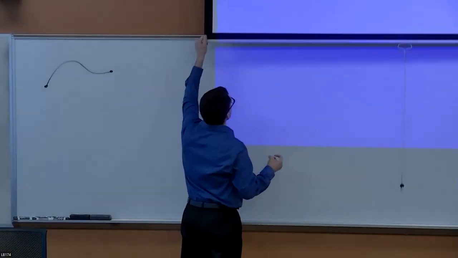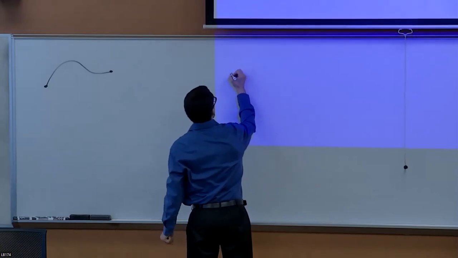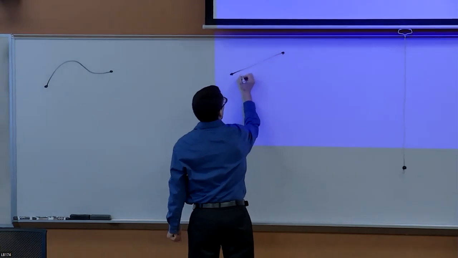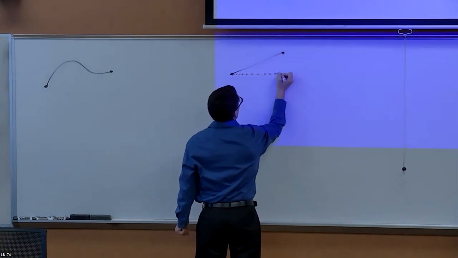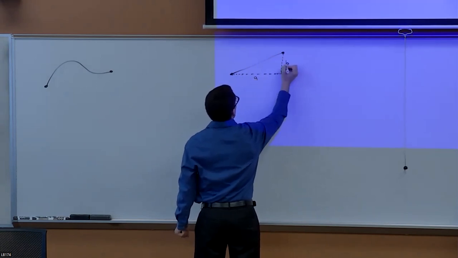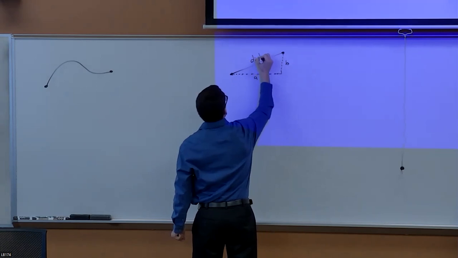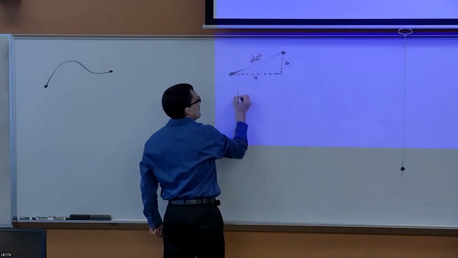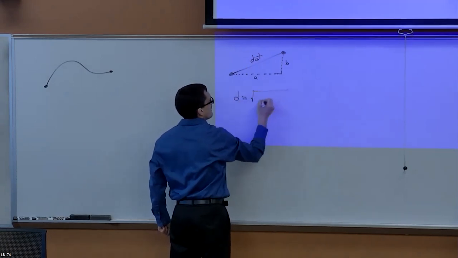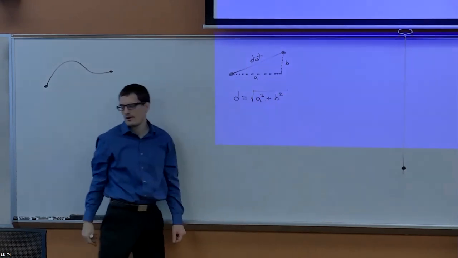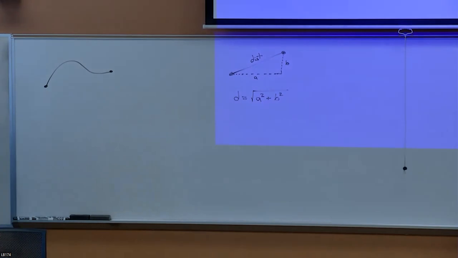So for straight line distance from point 1 to point 2, I would find the distance between point 1 and point 2 by using essentially the Pythagorean theorem, right? That's what I'm saying if we have a straight line.